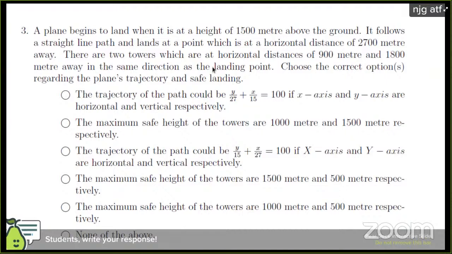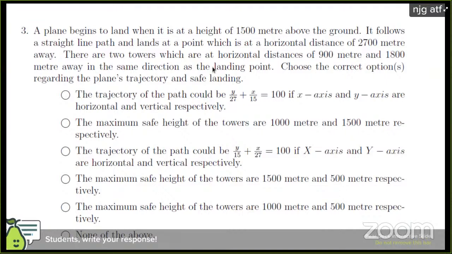What I want to ask is to choose the correct options regarding the plane's trajectory and safe landing. You are given a set of 6 options. Option A says the trajectory of the path could be y by 27 plus x by 15 is equal to 100, if the x-axis and y-axis are horizontal and vertical distances respectively.